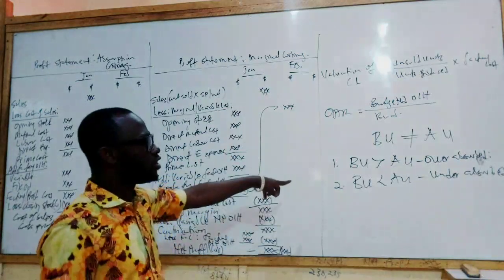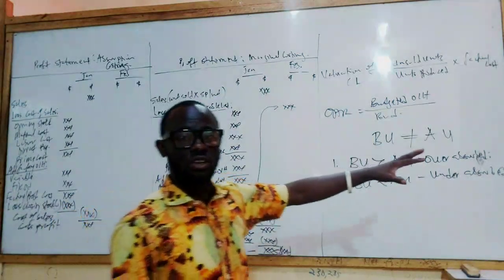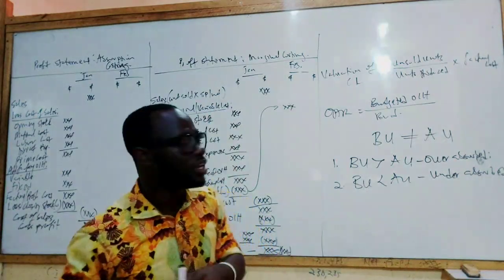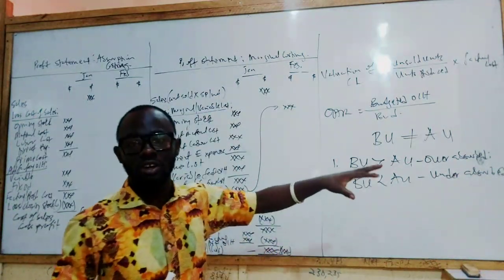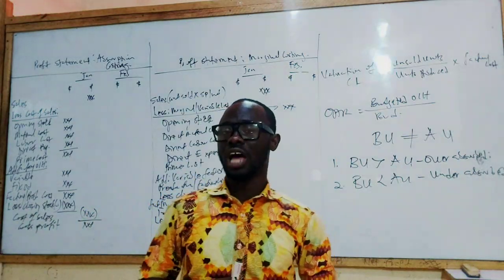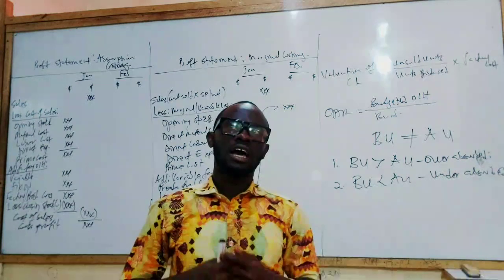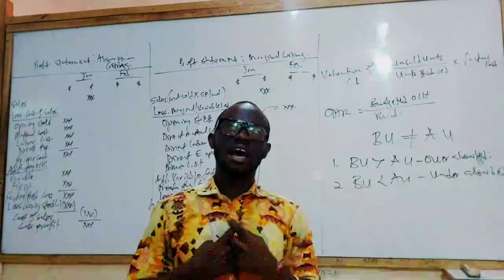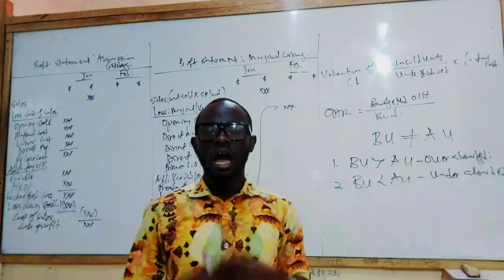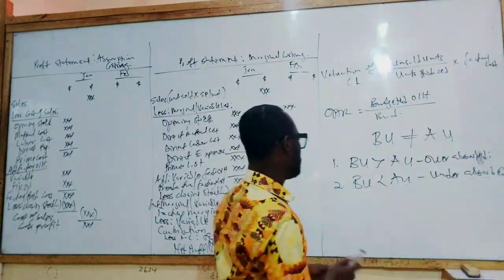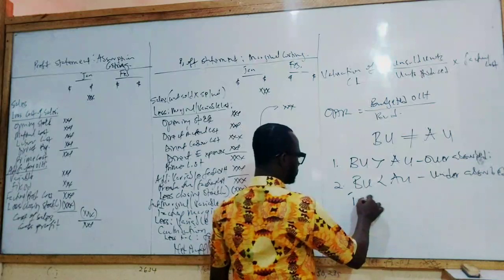So when the budgeted unit is more than the actual unit, we say overheads is over absorbed. But when the budgeted unit is less than the actual unit, we say overheads is under absorbed. Now, when the overhead is over absorbed or under absorbed, how do we treat it on the face of the financial statement? Simple. So, treatment.